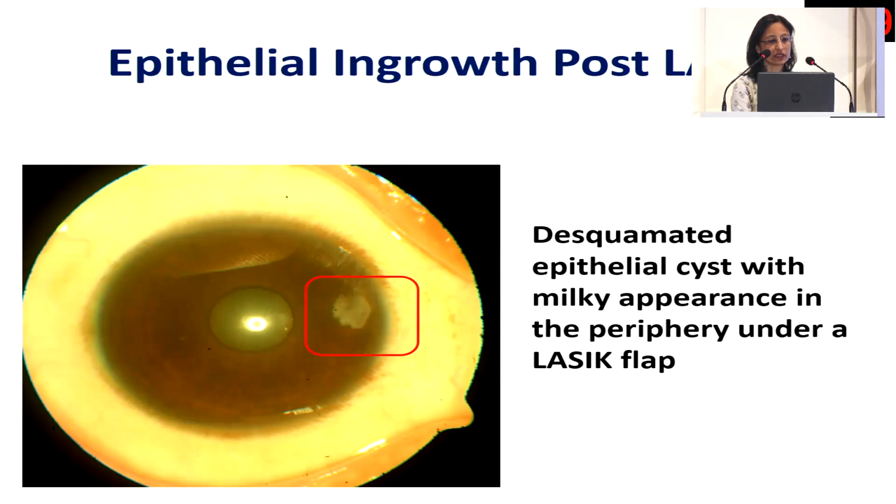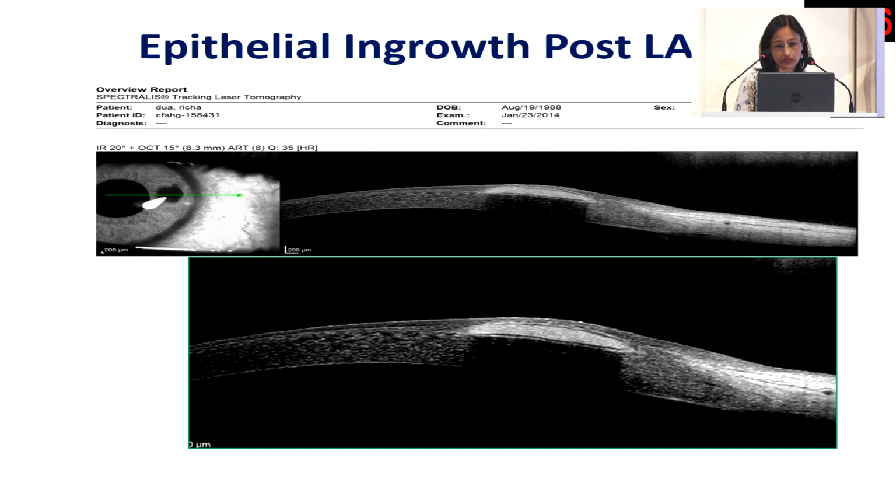And this is how epithelial ingrowth, when we see on the slit lamp, sometimes it's very difficult to decide whether to proceed with the removal of the epithelial ingrowth or just observe the patient. But if you do AIOS2025, like for example in this patient, the extent of the epithelial ingrowth is much more than we saw on the slit lamp photograph, and there is overlying melting of the flap.